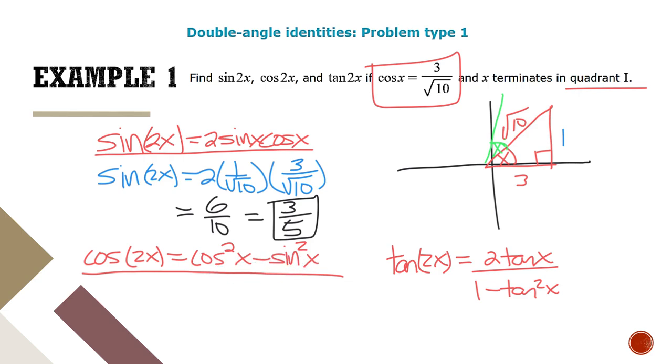It doesn't matter. We already figured out the sine of x and cosine of x, so we're just going to use those again here and then square them. So in this case, using what we did from before, the cosine we said was 3 over the square root of 10, and we're squaring it, subtracting the sine, which is 1 over the square root of 10, and we're squaring that.